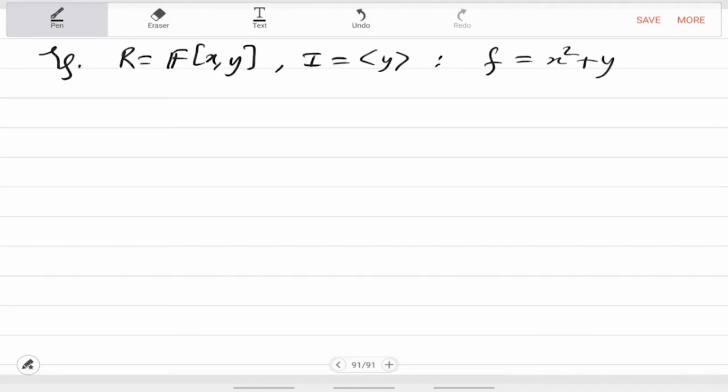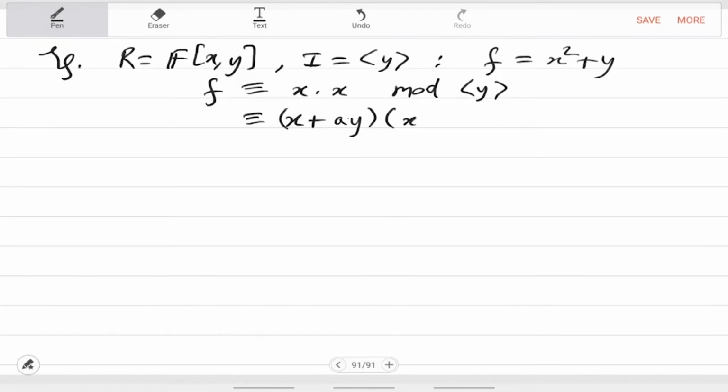Will that lift? So suppose it lifts, right? What do you get? Say it lifts like this: x plus a multiple of y, so some perturbation, and here some other perturbation, mod y square.